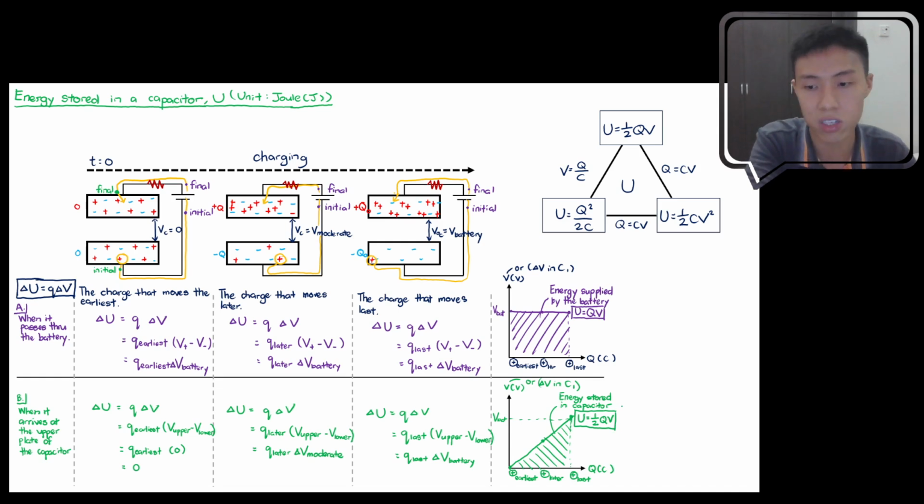As you can see, the energy stored in the capacitor is actually half of the energy supplied by the battery. This is how I understand why there's a half in front. It's because half of it is dissipated through the resistor. This part over here is given to the resistor, just released as heat. You only get to keep half of it in the capacitor. Half of it is released as heat.